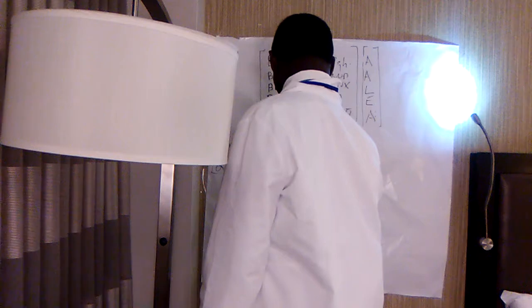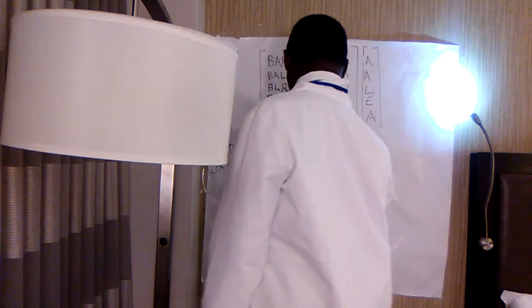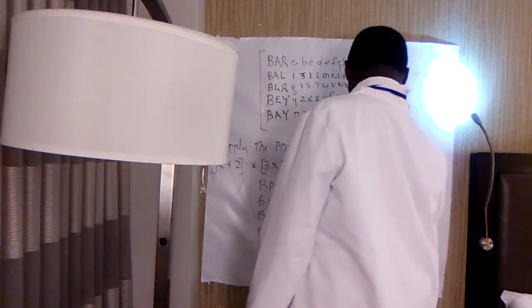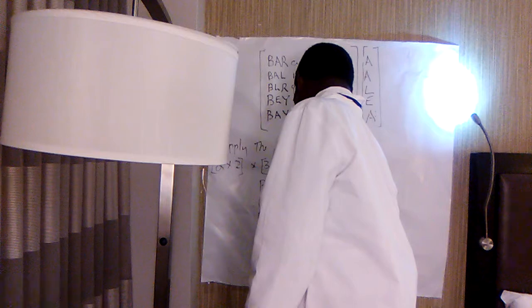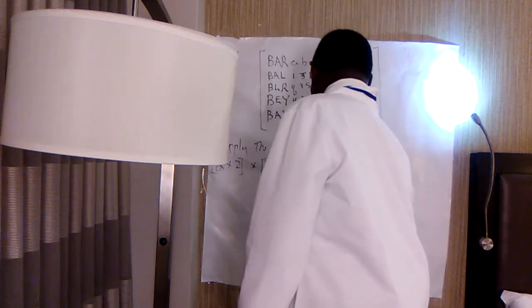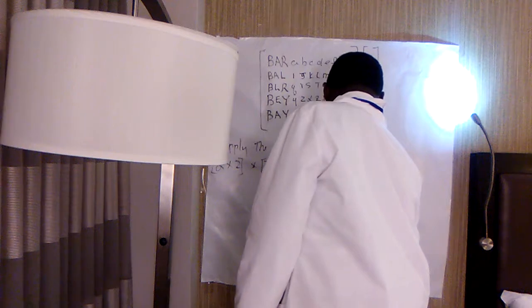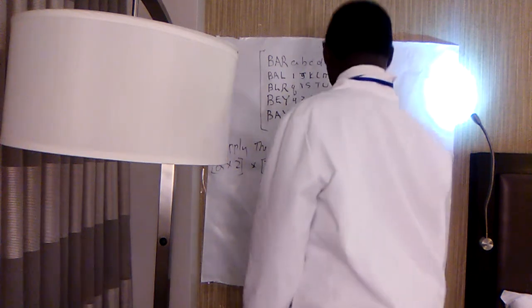Barley, B-E-Y: 1, 1, 3, 7, 0, 0, 2, 1. And barley again: 0, 0, 2, 9, 8, 7, 3, 1.